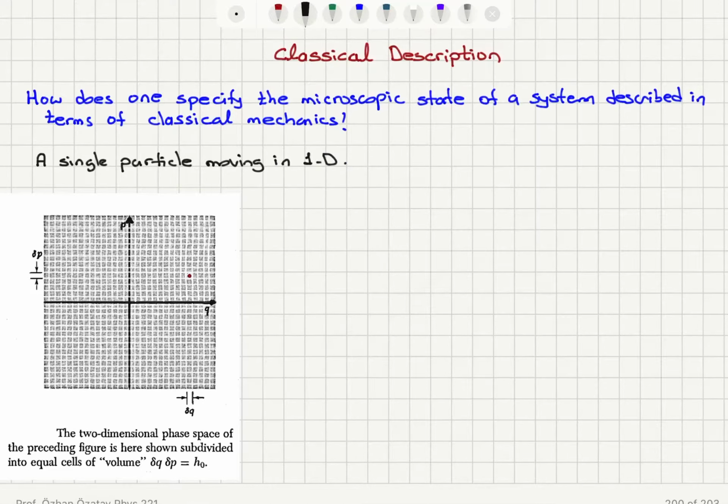I call Q the coordinate of the particle's position. So this can be x, for example. It can be x, y, or z, but it's one-dimensional motion. So it's the coordinate of the particle's position.